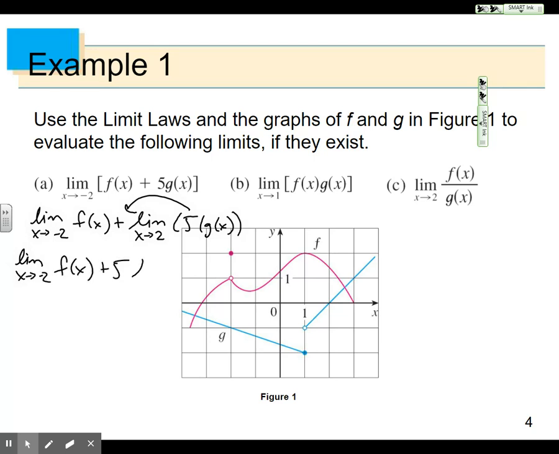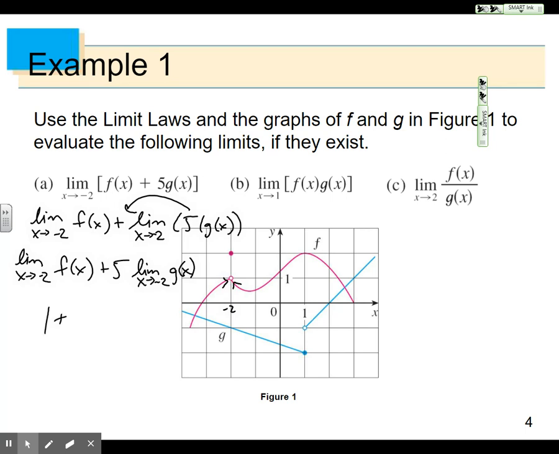So it's going to be 5 times whatever the limit as x approaches -2 of my g of x is. Remember, when we do these limits, we talked about this in the last video, I'm not interested in what the value is at -2, just getting close to -2. If I look at my f of x, as I get closer and closer to -2 right here, I see my function value is getting closer and closer to 1.